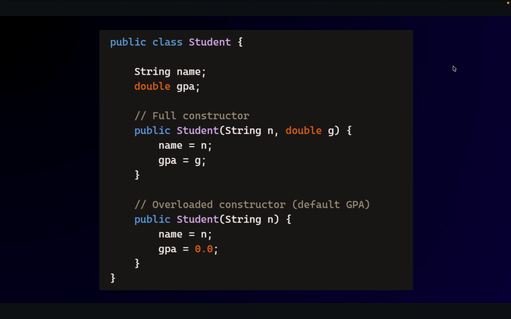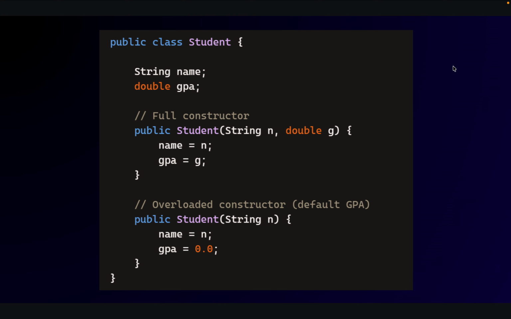So if you see this example, we have two constructors, one called Student that takes in two data values, and then we have the other one that just takes in one data value. And in this case, they are technically two different constructors because the first one is allowing you to set the GPA, while the second one is giving a default GPA value.